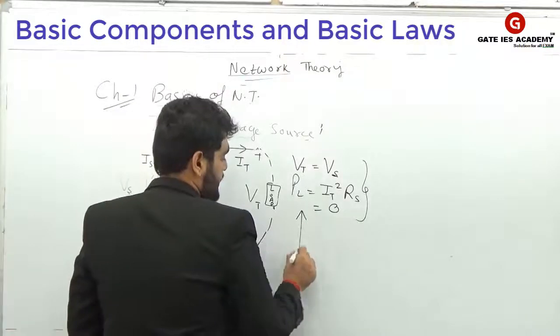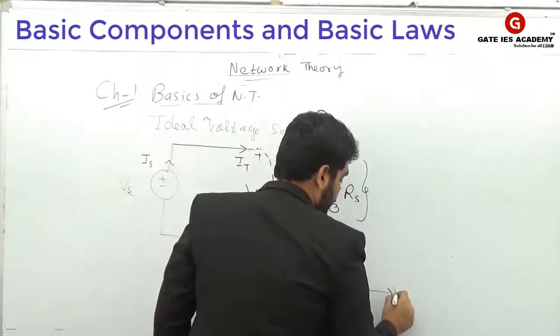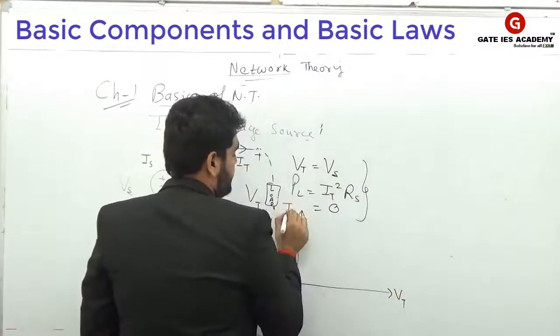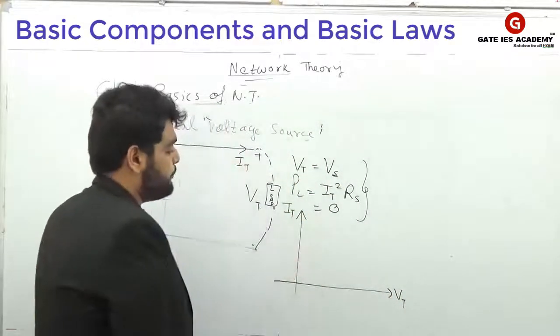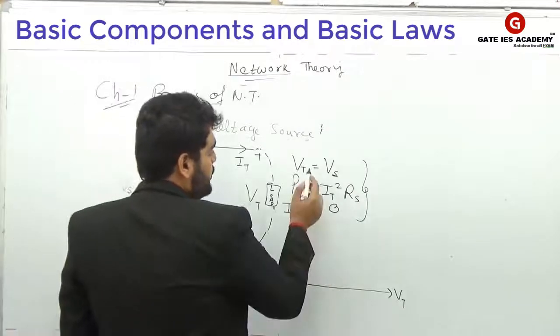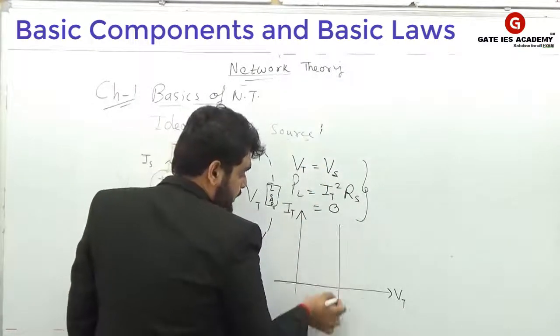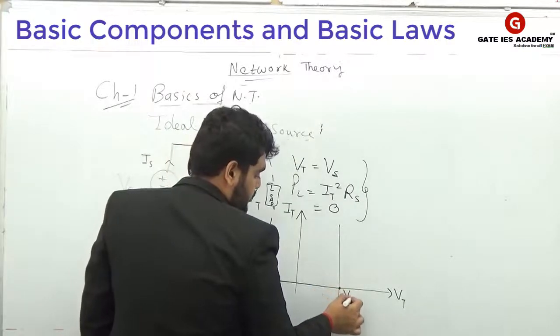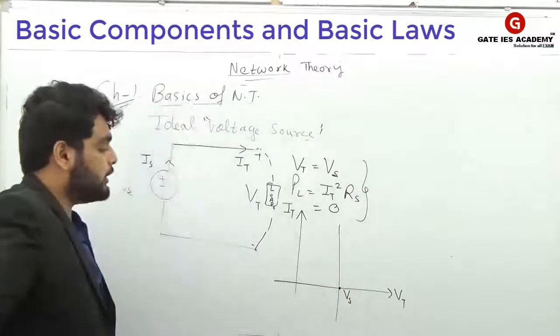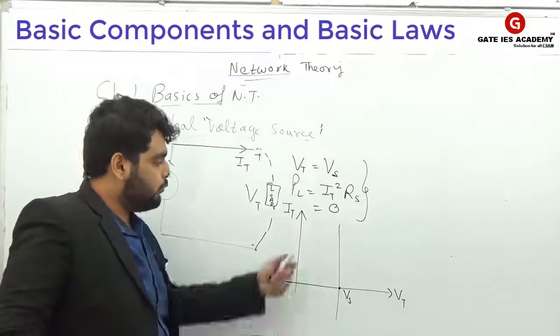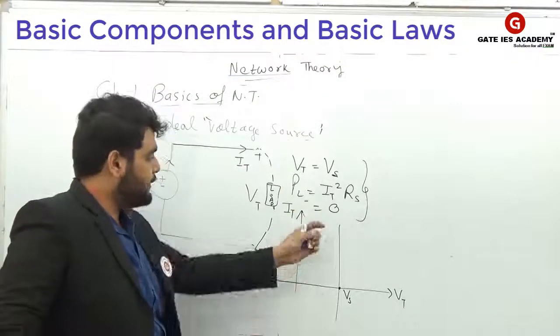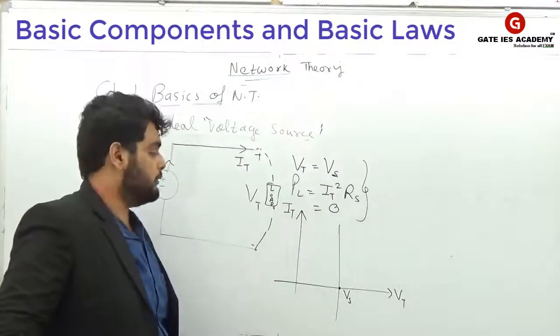Now, if I want to draw the curve, always remember, the curve is drawn between terminal voltage and terminal current. Now you can see there is no relation between terminal voltage and terminal current, or I can say terminal voltage is always constant, equal to source voltage. So this is the characteristic of the ideal voltage source, which is a straight line parallel to the terminal current axis.